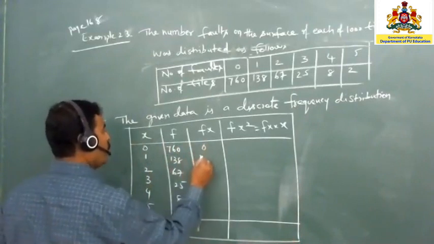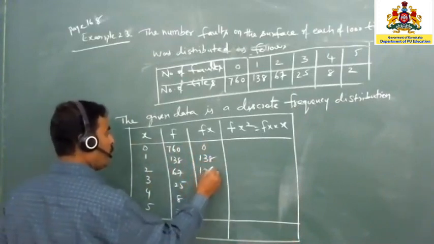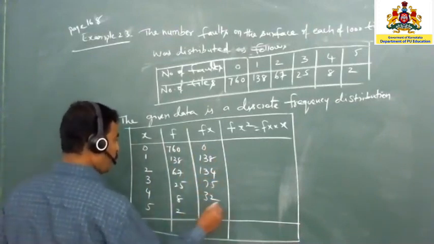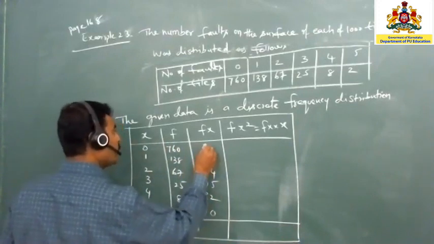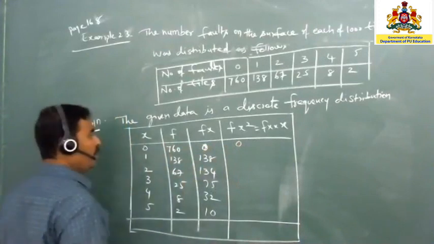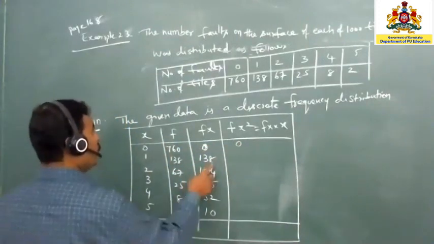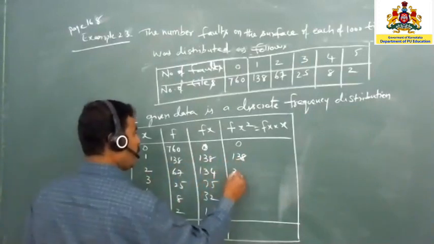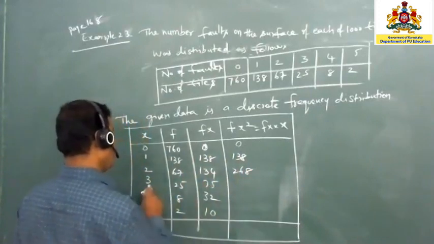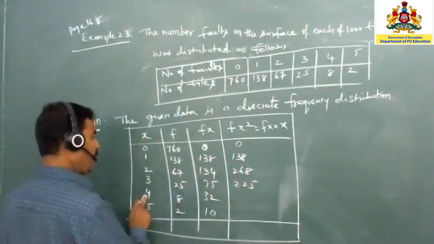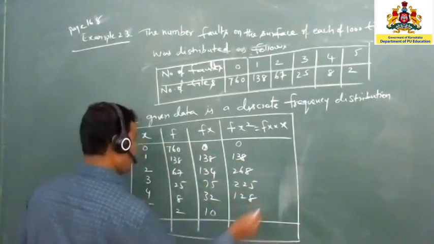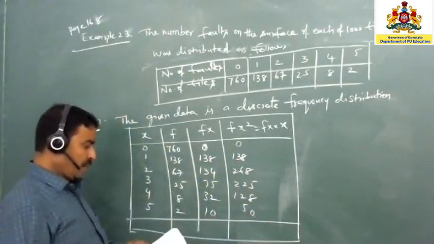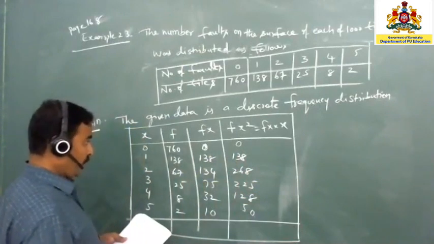Fx values: 0 into 760 is 0, then 138 into 1 is 138, 134, 75, 32, 10. Then fx square: 0, 138, 268, 225, 128, 50.